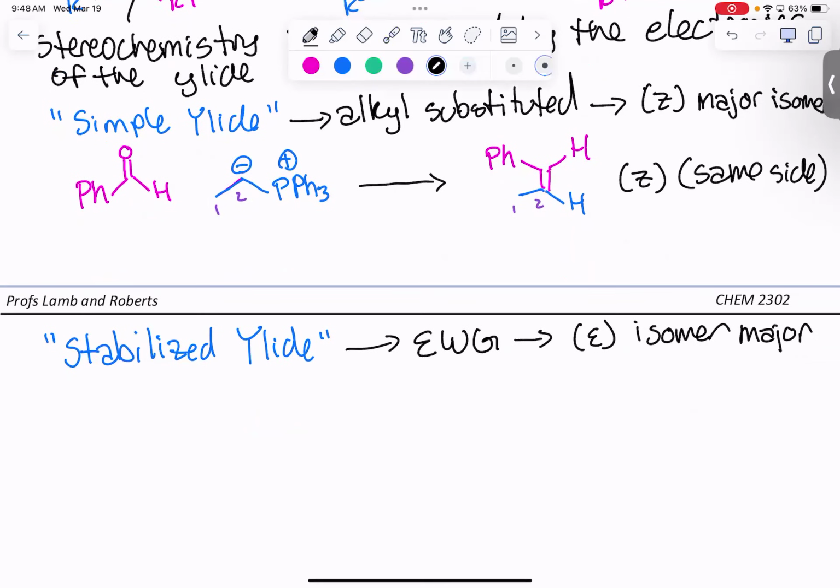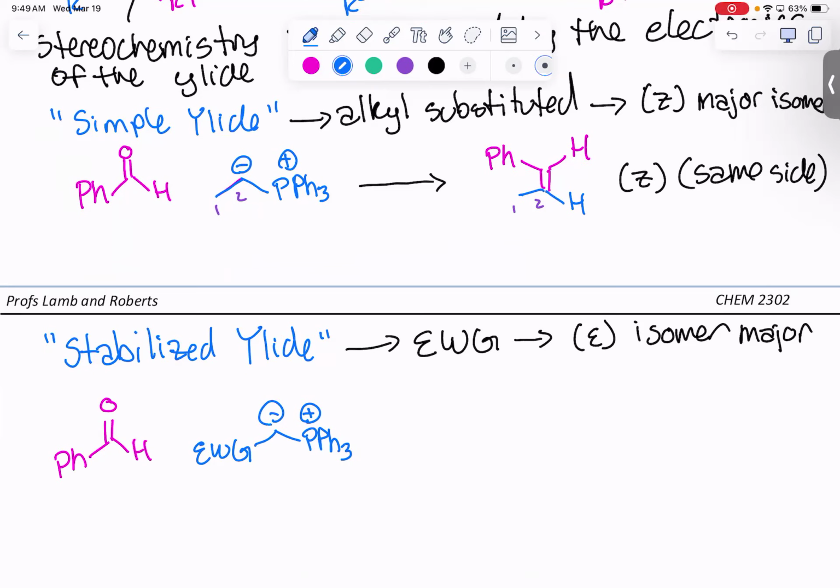Now, what we could have, if we had that same coupling partner of our benzaldehyde here, and if our ylide had an electron withdrawing group on it, next to that negative charge, we're stabilizing that negative charge with that electron withdrawing group, right? That's why we call it a stabilized ylide.